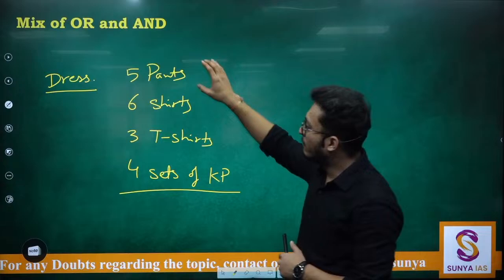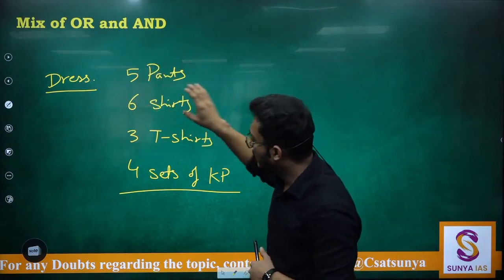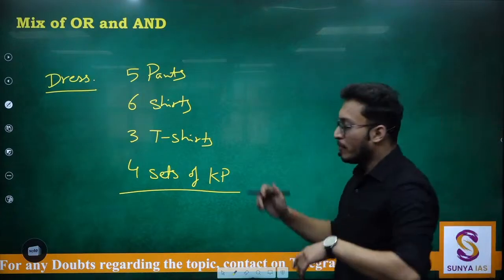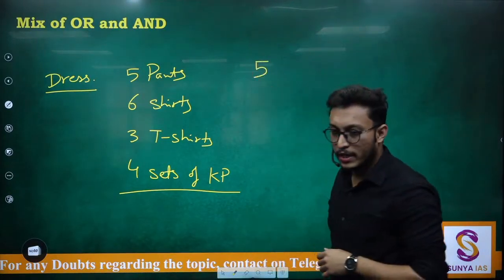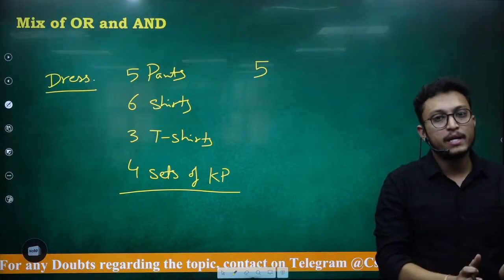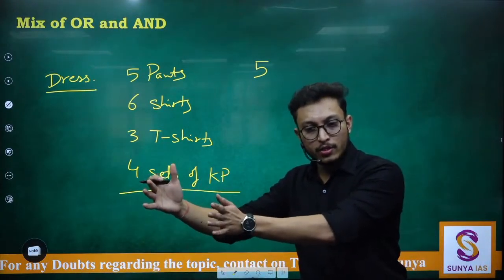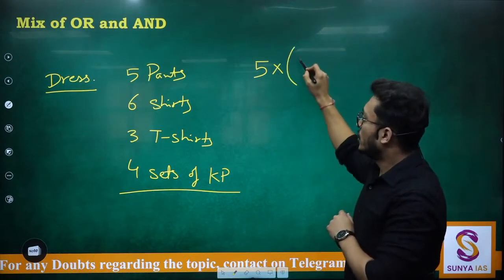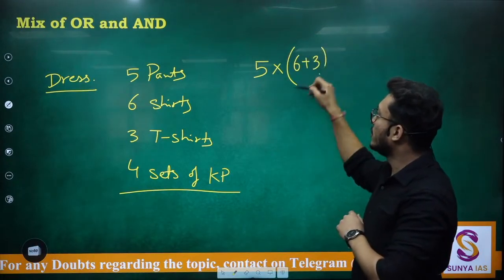Right? If I am wearing a pant, I'll have to pair it with a shirt or a t-shirt. Fine. So if I am wearing a pant, I'll have to wear a pant and a shirt or a t-shirt. Pant and shirt or t-shirt.